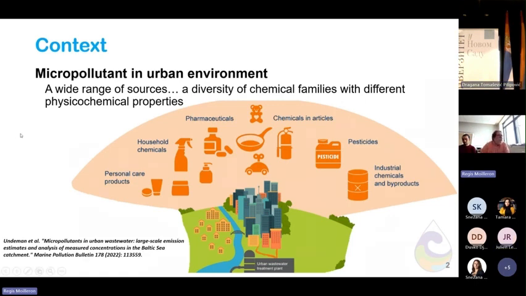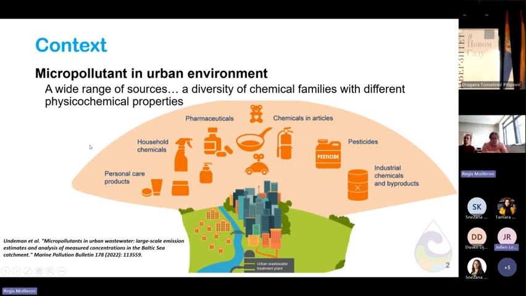As you can see on this slide, we can find micropollutants in personal care products, household chemicals, pharmaceuticals, chemicals in daily life articles, in pesticides, but also in the composition of industrial chemical products.